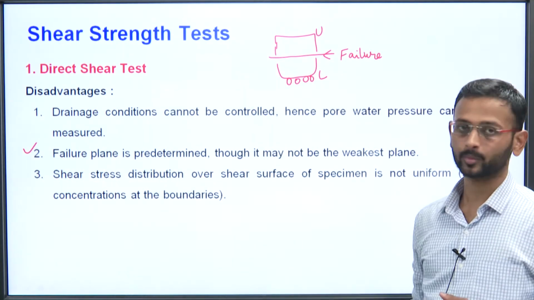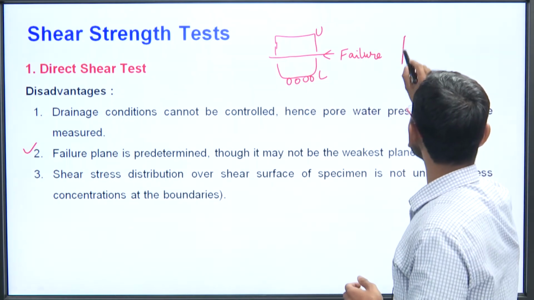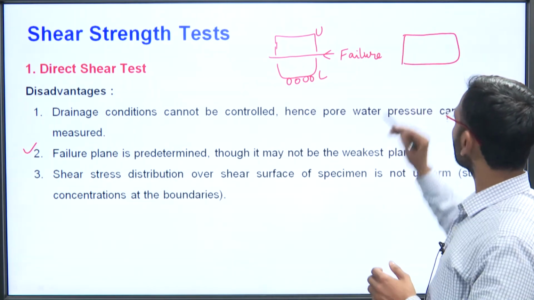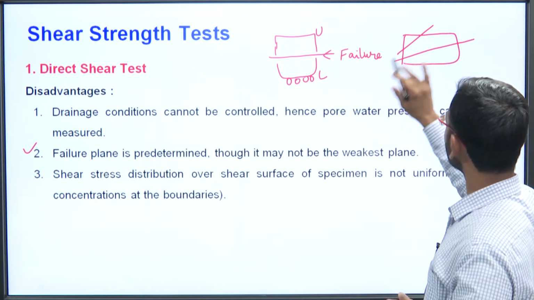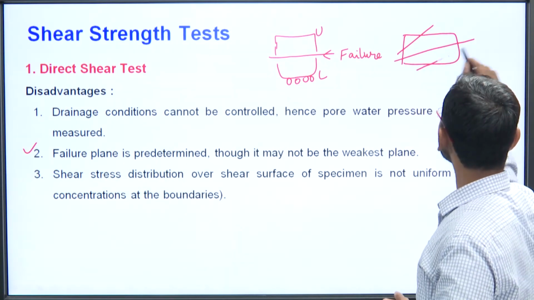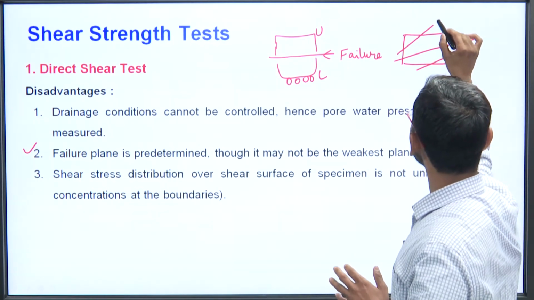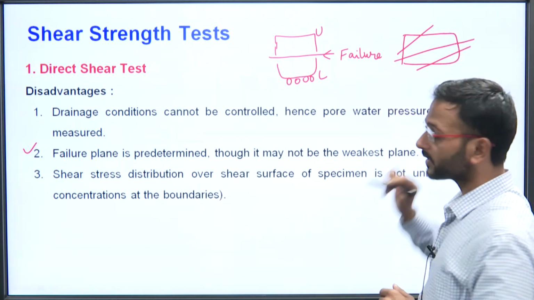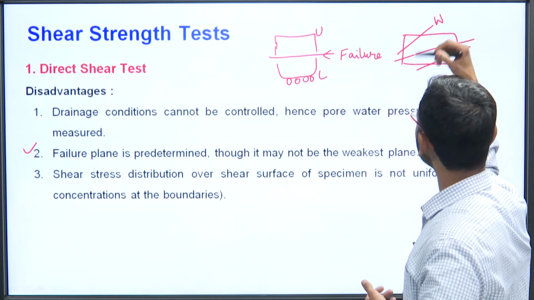Failure plane is predetermined, though it may not be the weakest plane, because when you take the soil, it can fail from this end also, or I can say this plane also, or this plane also. Failure can occur from anywhere, and whichever is the weakest plane at that point of time, at that point of place, the failure will be occurring.